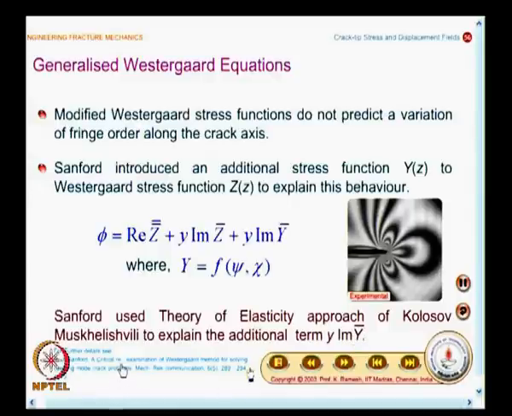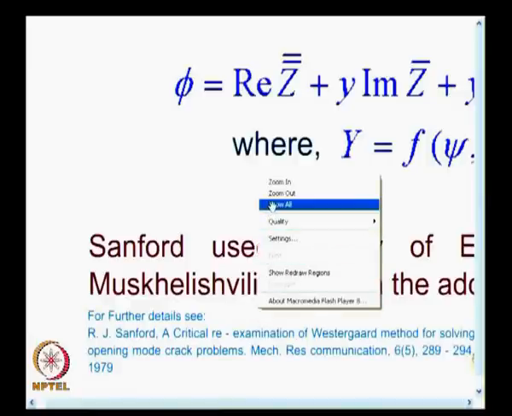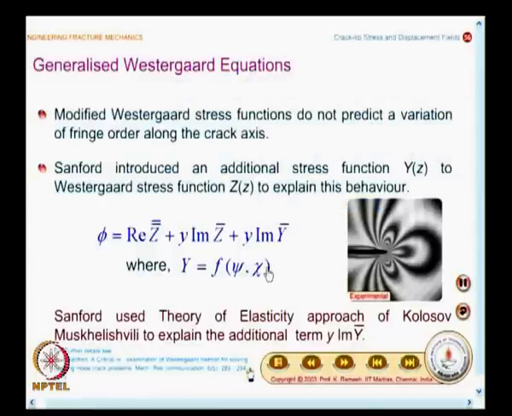In fact, you could see some of this in his publication. This was published in 1979 by Sanford. The paper was a critical re-examination of Westergaard method of solving opening mode crack problems, appeared in Mechanics Research Communications. So, you could go and have a look at that paper.